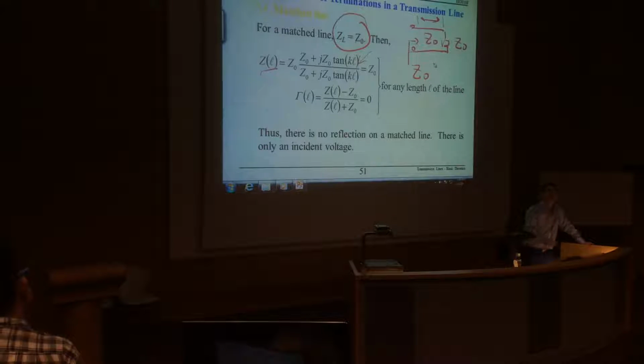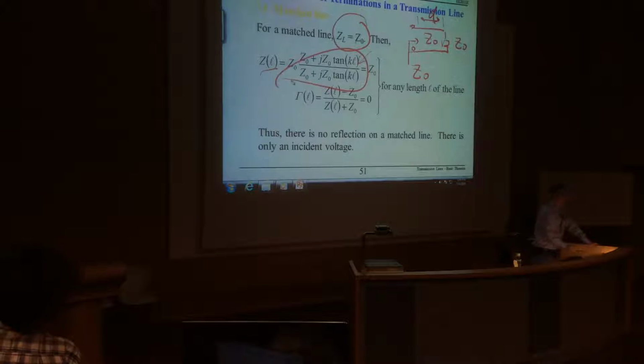Once the load impedance is equal to the characteristic impedance, we don't care about the distance. You don't need to write this equation; you can directly write that the input impedance is equal to Z0.